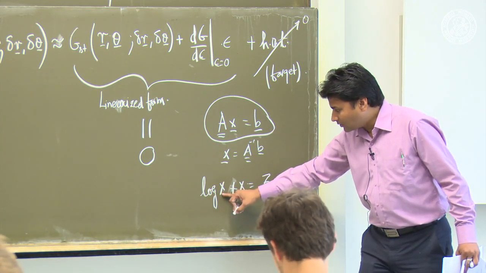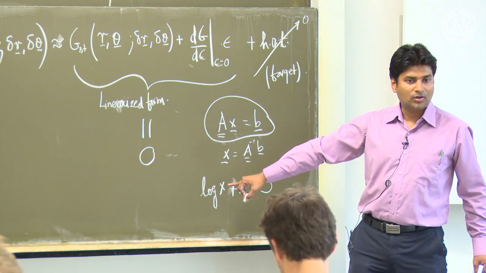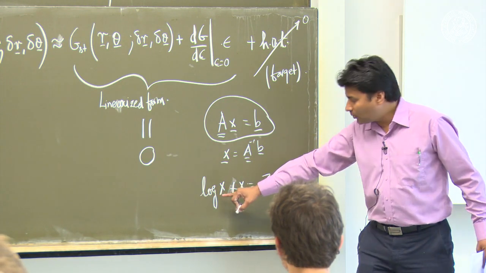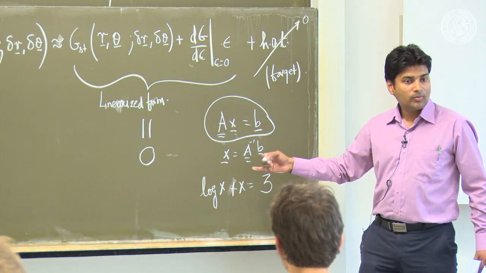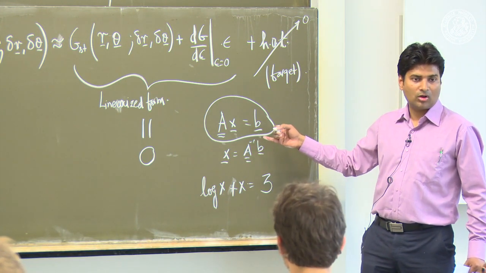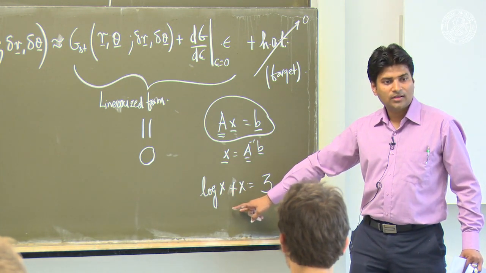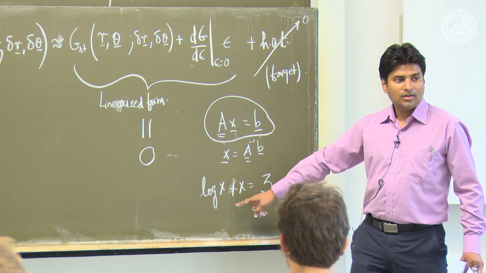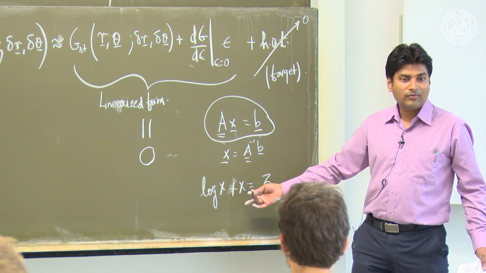If you double your x, does this thing become double? It does not. Log of 2x is equal to log of 2 plus log of x. So, it does not become 2 times log of x. Log of 2x is not equal to 2 times log of x. So, it is not linear in x, it is nonlinear, and we do not know how to solve it in a simple fashion.